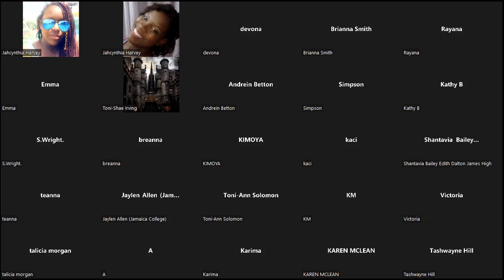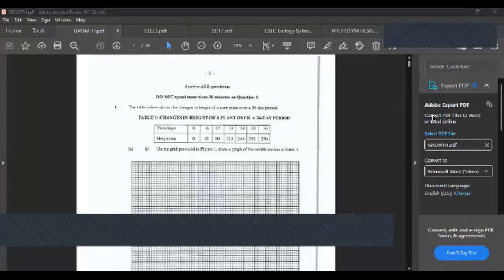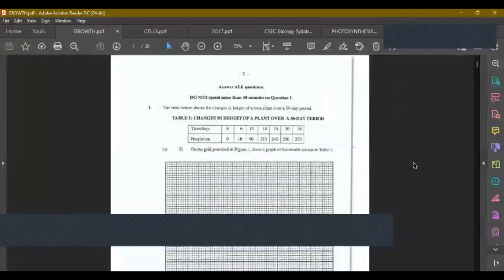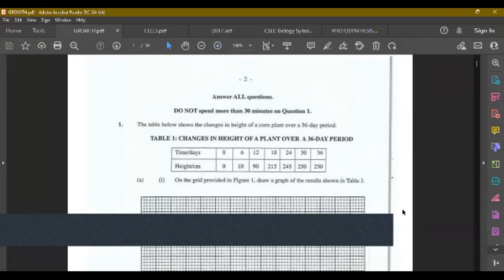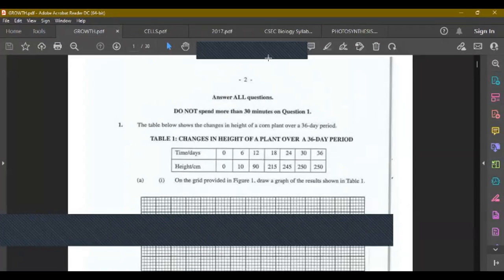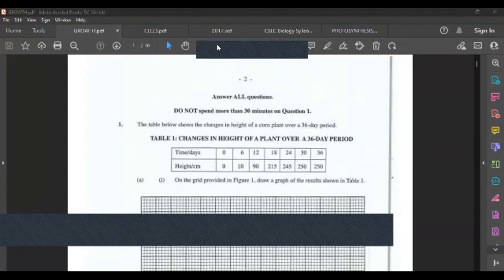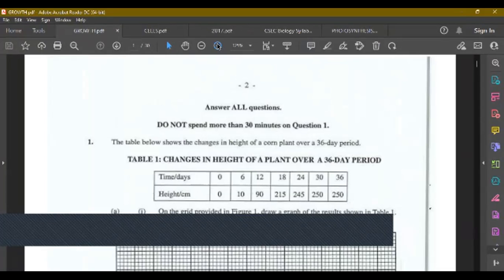All right. Let's see if I can do that. Go back into Zoom. Share screen. All right, you guys should be seeing my screen now. Yes, miss. But not so clearly. Can you zoom up? How about now? Yes.